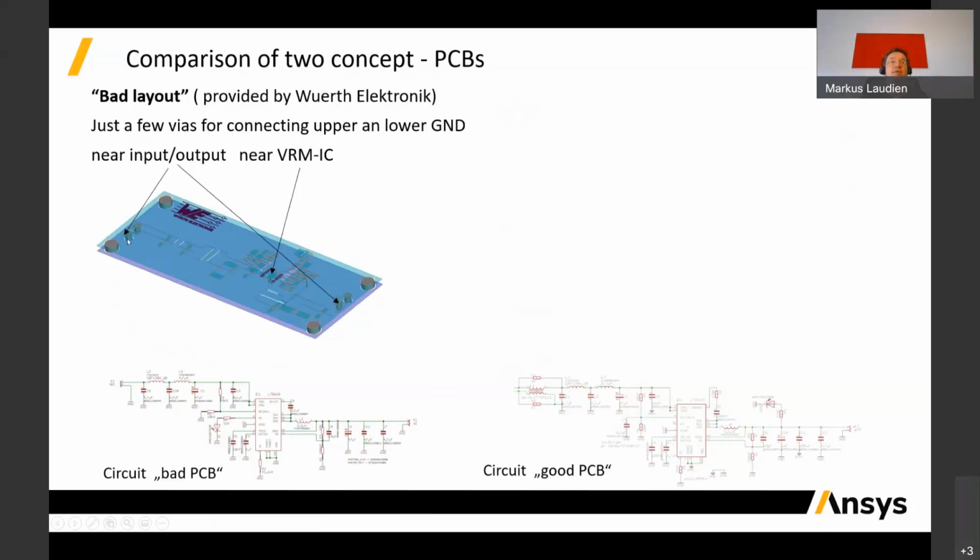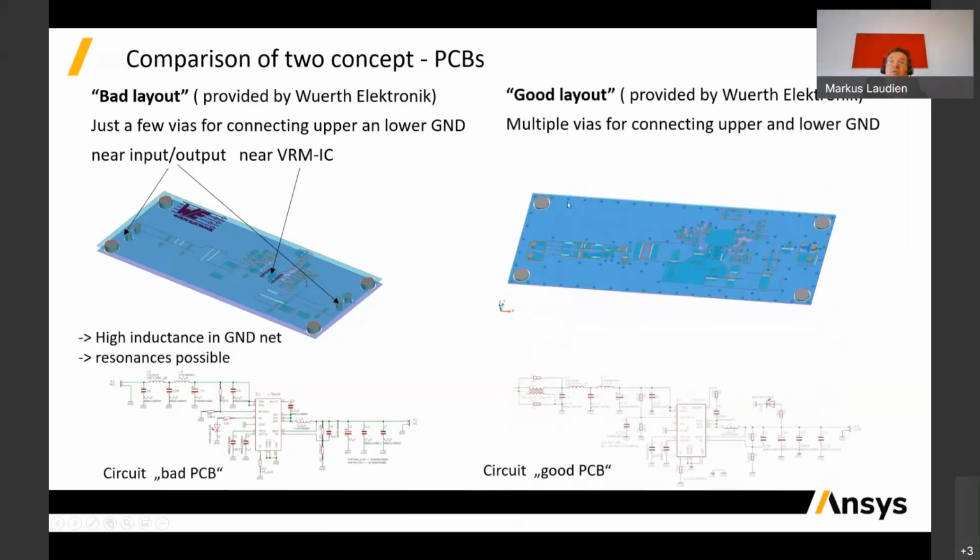It's intentional, which causes some additional current return path, generating additional inductance. So it's likely that it causes also resonances and of course a high inductance in the ground path.